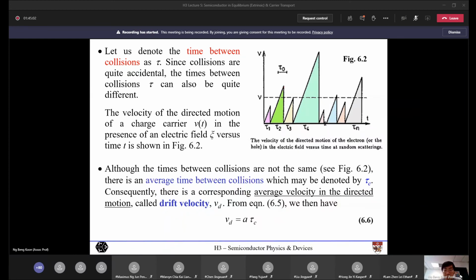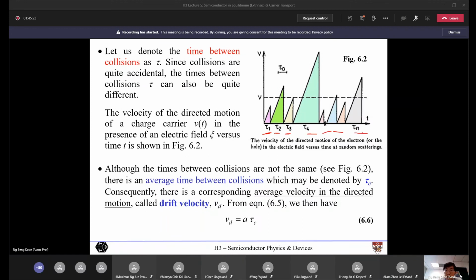Then a bit later you encounter a collision process, and it's reset to 0. So you get all these different possibilities, depending on how it moves and the chance of it encountering a collision process. You get different possible times that you can move freely, which are these different quantities here, tau 1, tau 2, tau 3, and so on.